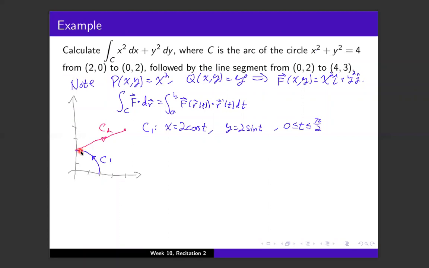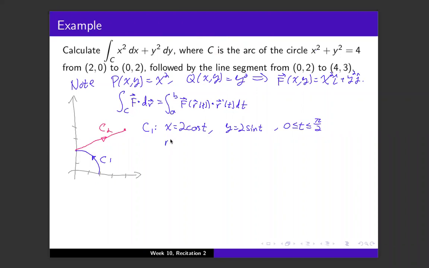So you're going in the opposite direction in that case. You're reversing the orientation. But in this case, we're explicitly told it's going from (2, 0) to (0, 2). So you really have to keep it in this parameterization to ensure that you're going counterclockwise. If you're not going counterclockwise, you're going to get a different answer in this case. So it's important here to make sure that you've got x is 2 cosine, y is 2 sine.